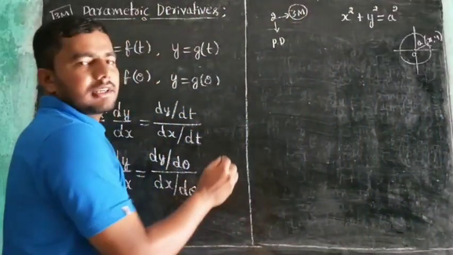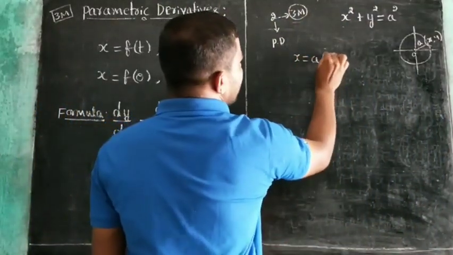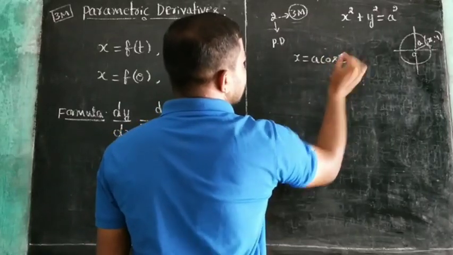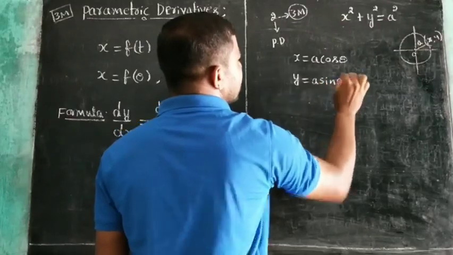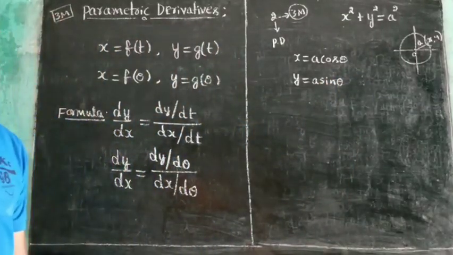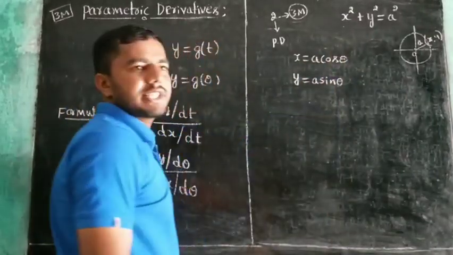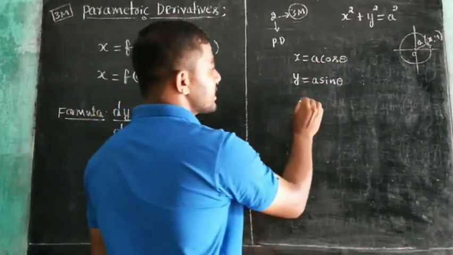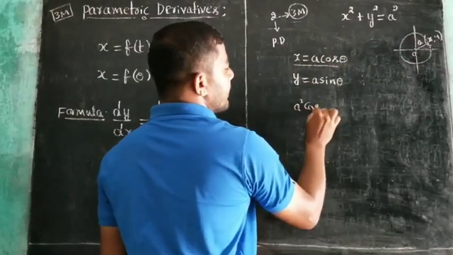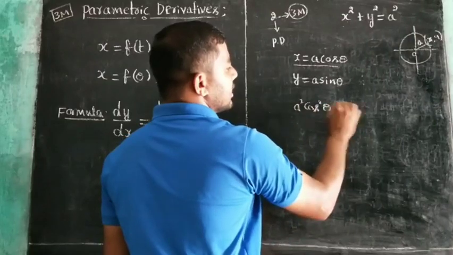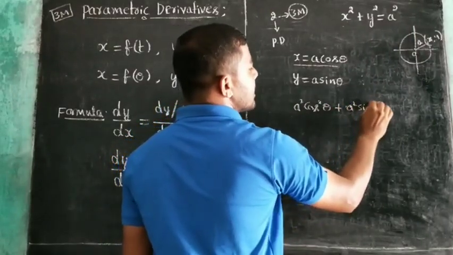This equation is satisfied by the parameters x is equal to a cos theta, y is equal to a sin theta. Substitute x is equal to a cos theta, y is equal to a sin theta. Then x square is a square cos square theta plus y square is a square sin square theta.